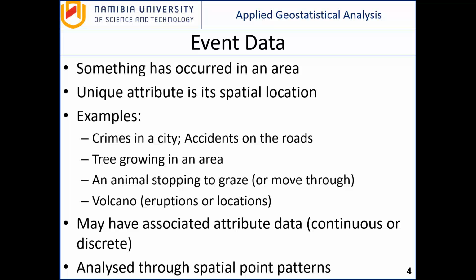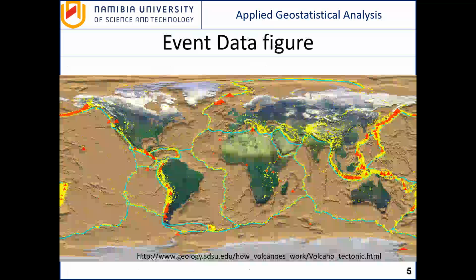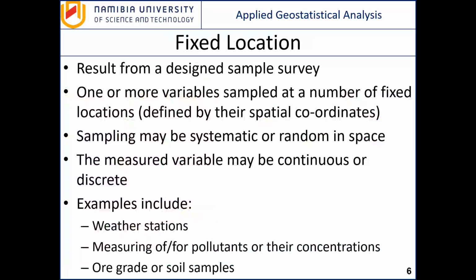For those events, the most important is where these things are happening, more than other characteristics related to the events themselves. They are analyzed through spatial point patterns.